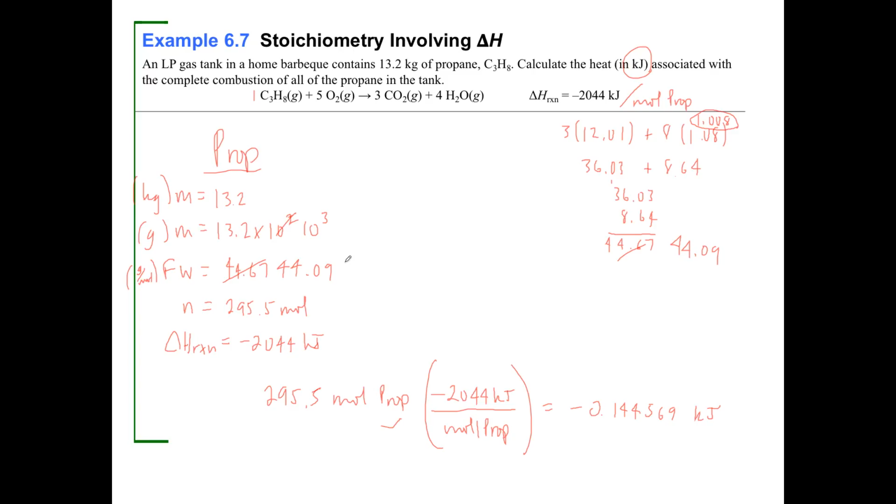And so what I'm going to do now is say that I've got 13.2 times 10 to the 3 divided by 44.09, and that gives me 299. A little bit different, not a lot. 299.36 moles, right?